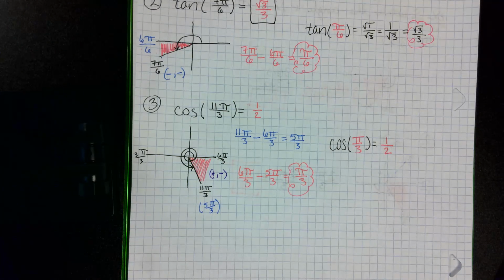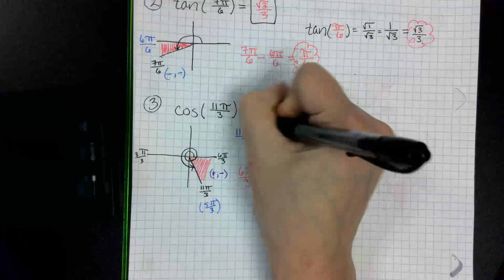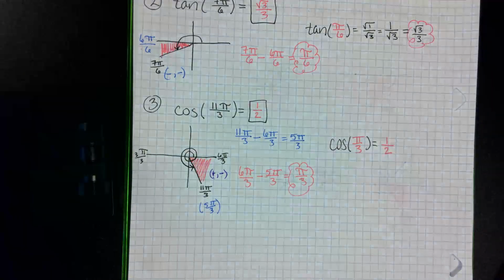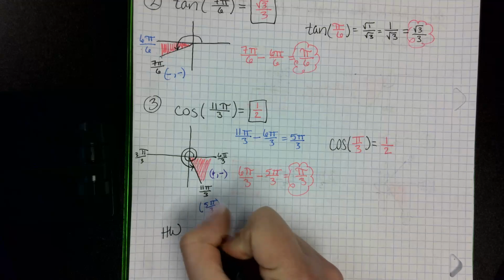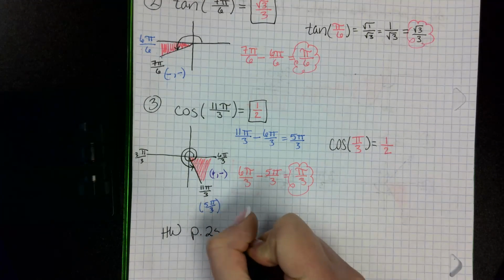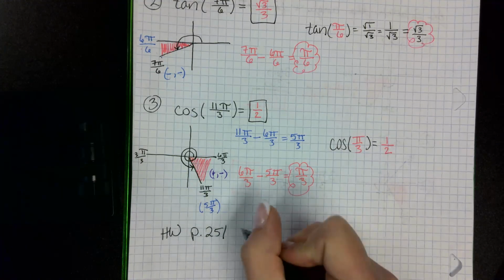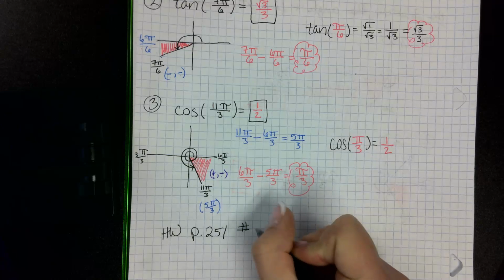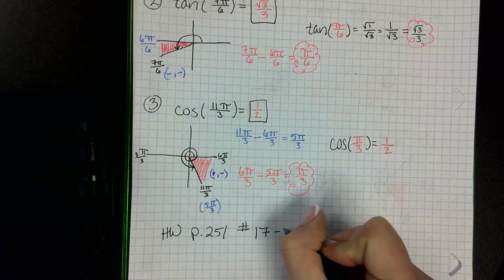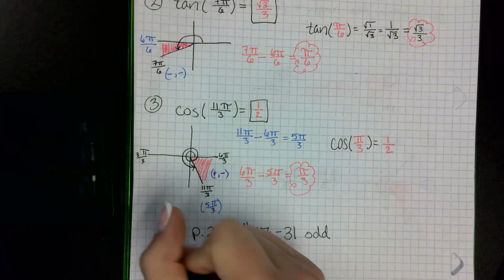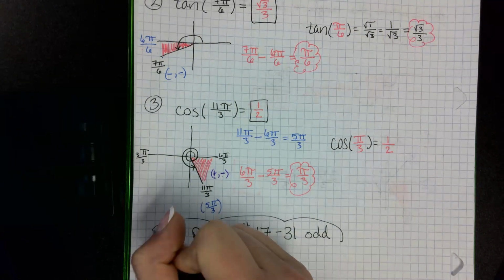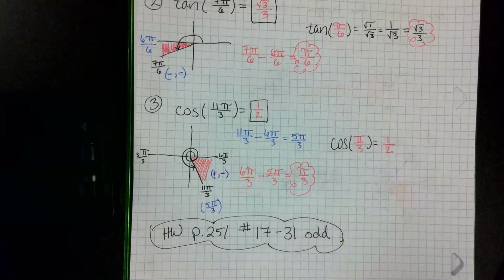So that's it, I'm done. It is positive 1/2. As you do these problems, it will make more sense and be easier. This is something that definitely takes practice to fully grasp. So there you are.